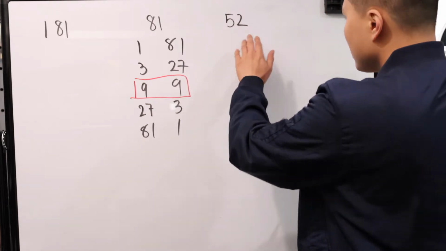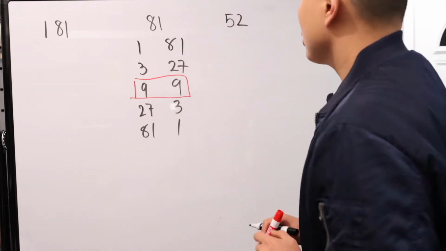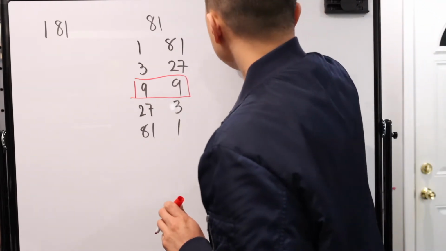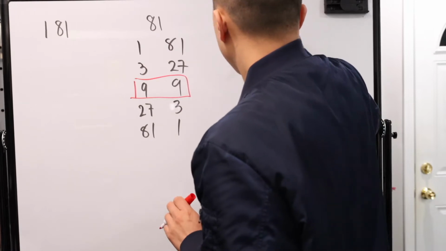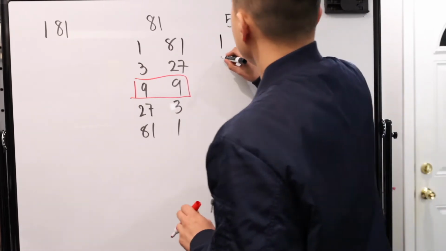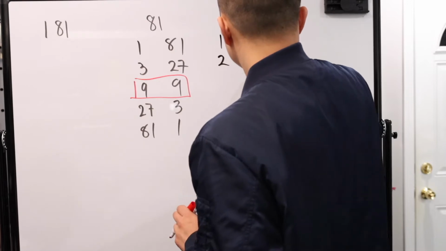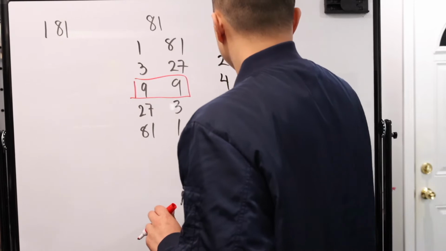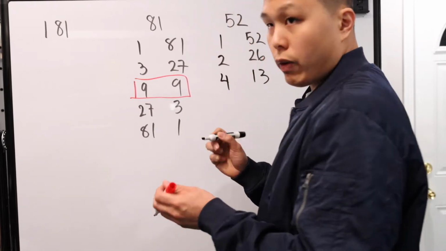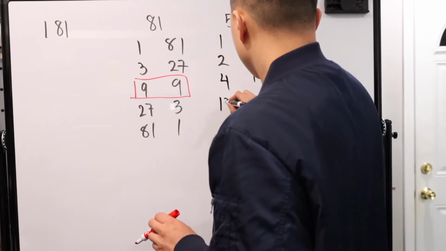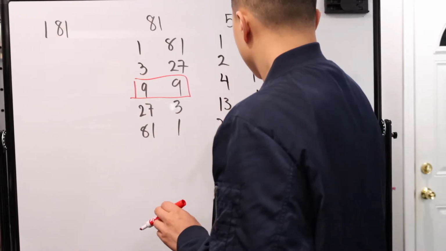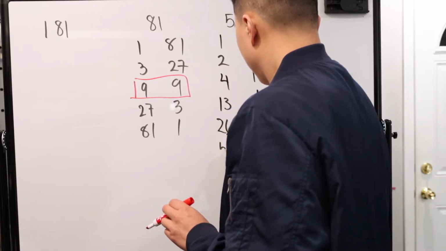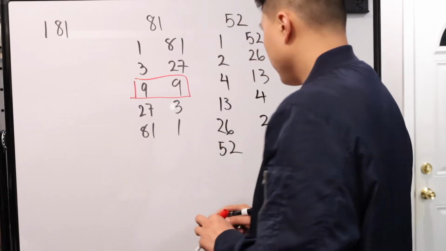Well, this is not a square number, but something interesting happens. When we start breaking down the factors, and we try to be organized, of course, right? So we have 2, and that's going to be 26, and then 3, does it work? No. 4, does it work? Yes. So it's going to be 4, it's going to be 13, and then we keep going, and eventually we're going to get to a situation where it's basically 13, 4, 26, 2, 52, 1.